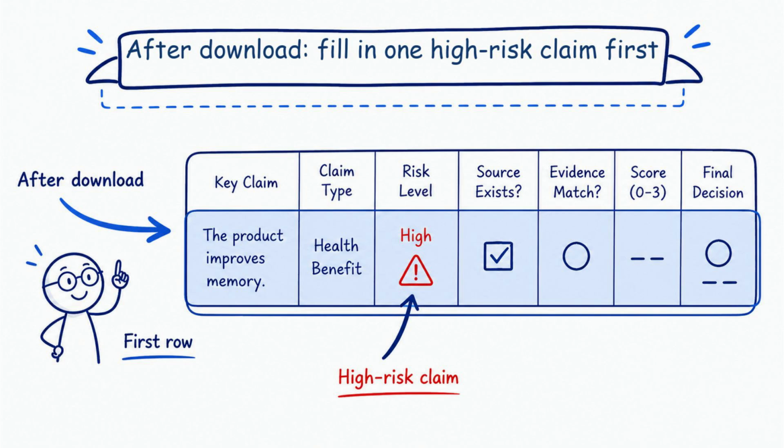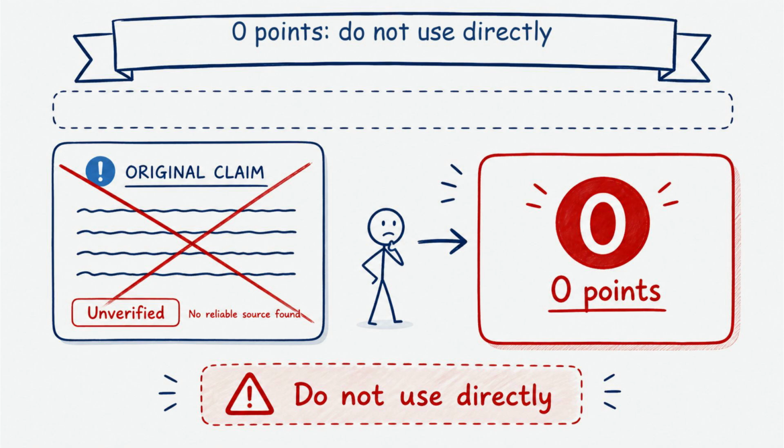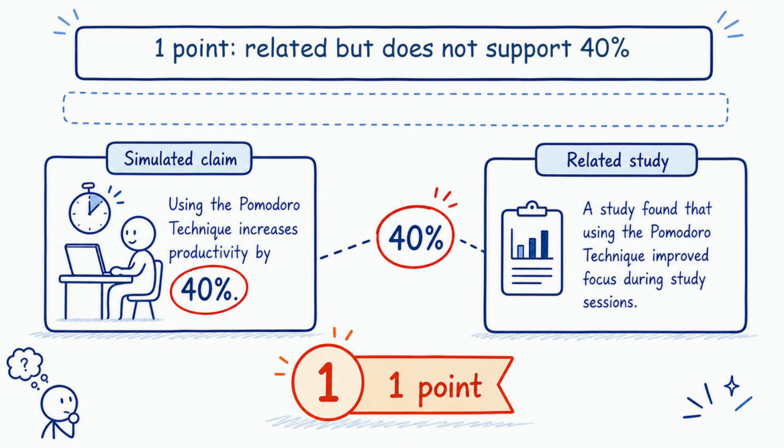Now let's return to the Pomodoro example. If you cannot find a reliable source using the title, author, or keywords, mark this claim as 0 points and do not use it directly. If you find a related study, but it does not mention 40%, that is 1 point.